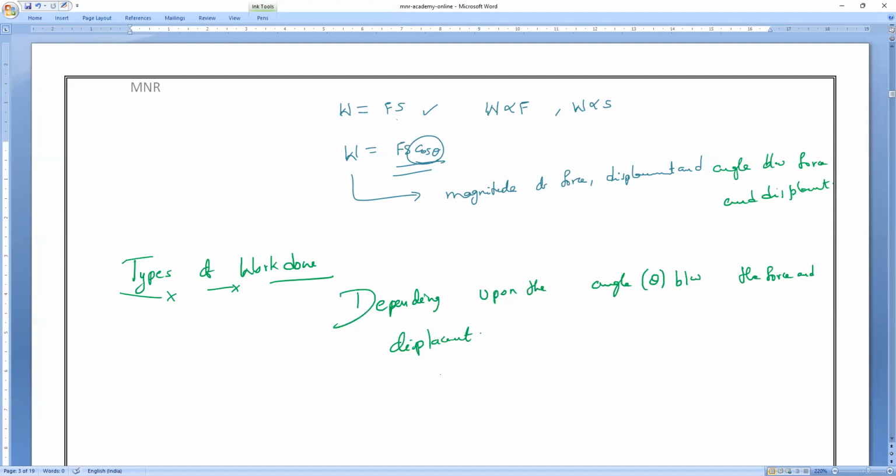Work done may be positive, or negative, or zero work done, depending only upon theta, the angle between the force and the displacement. That is how to remember it.